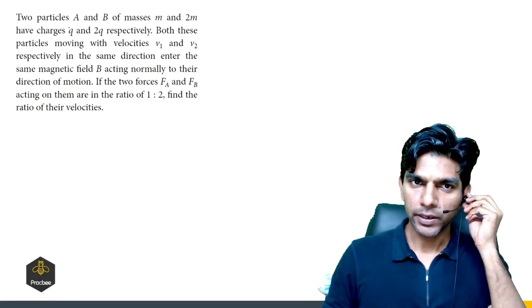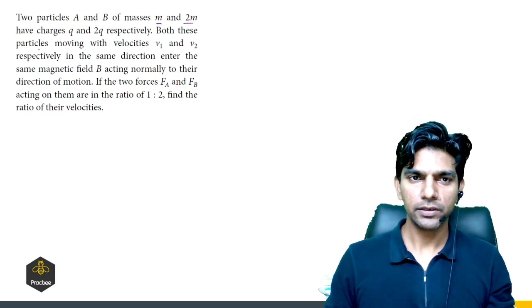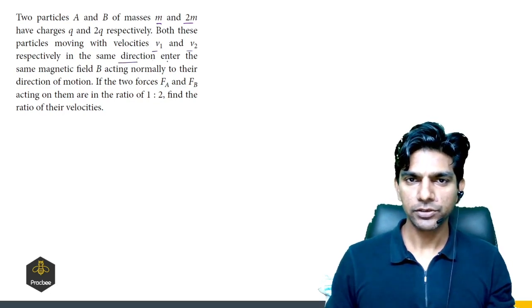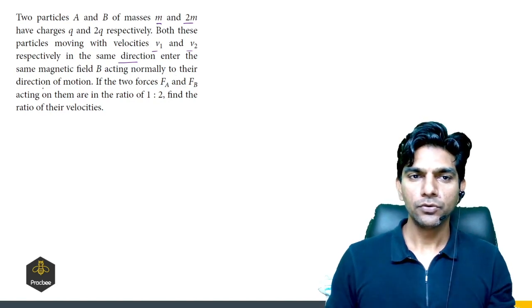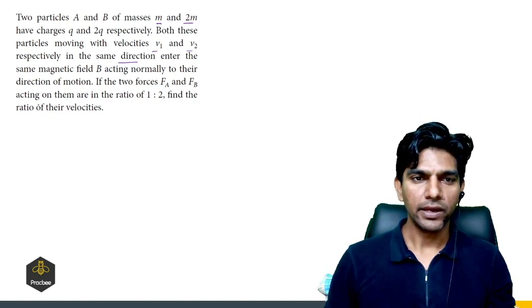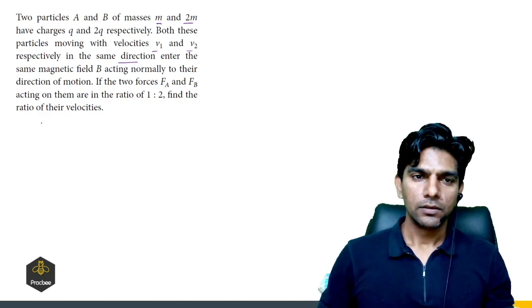Two particles A and B of mass m and 2m, having charge q and 2q respectively, move with velocities v1 and v2 respectively in the same direction and enter the same magnetic field B acting normally to their direction of motion. If the two forces Fa and Fb acting on them are in the ratio 1:2, find the ratio of their velocities.